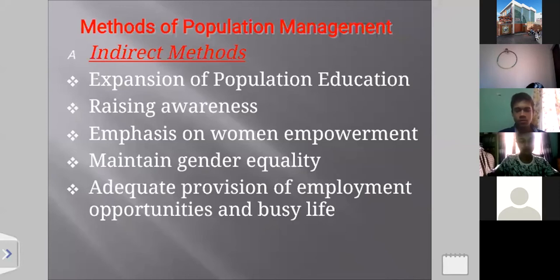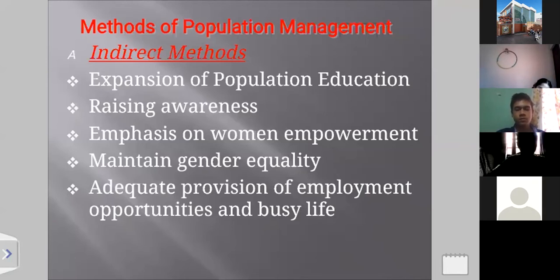In the third point also I told you that women empowerment means to raise the power. How can we raise the power? To provide education, equal opportunities, equal involvement. So maintaining gender equality refers to equal participation, equal opportunities, and involvement, not only to manage the population but for the development of the nation.